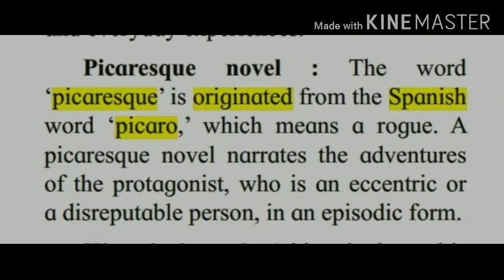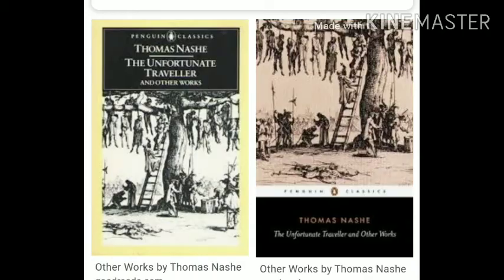A picaresque novel narrates the adventures of the protagonist, who is an eccentric or a disreputable person, in an episodic form. In picaresque novel, there are many qualities. For example, the hero is a criminal, as well as setting is also an important element.